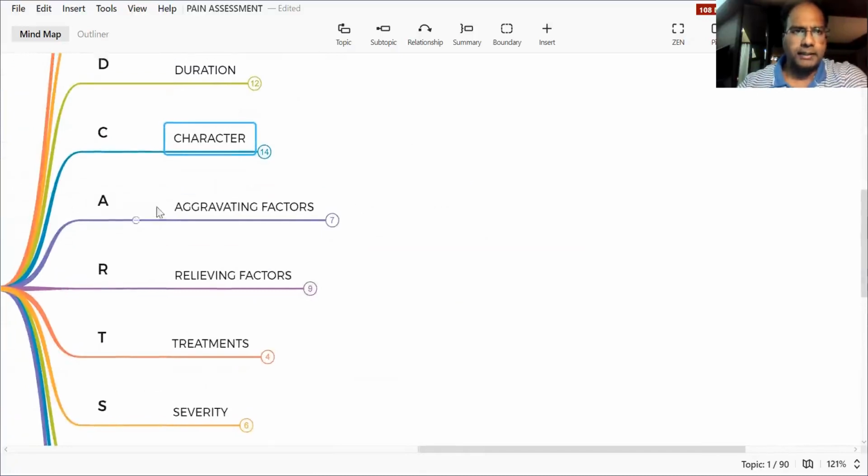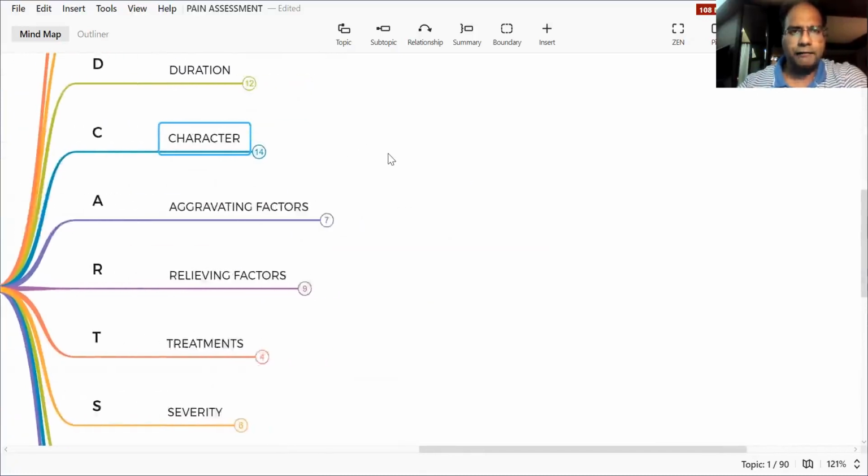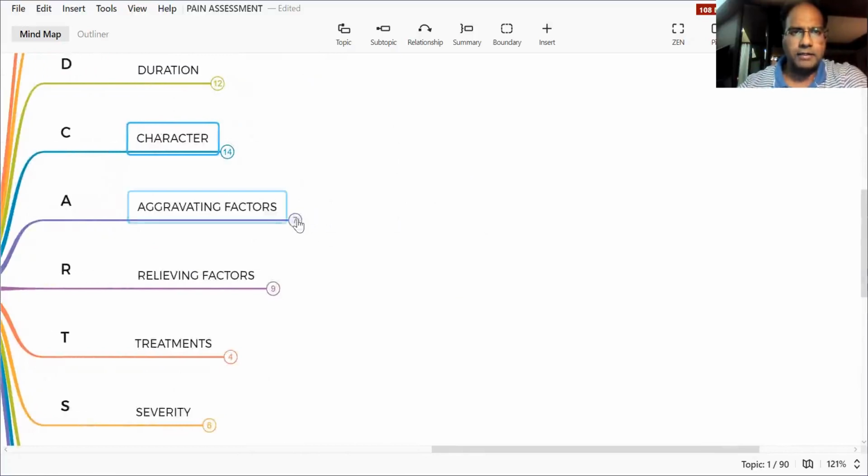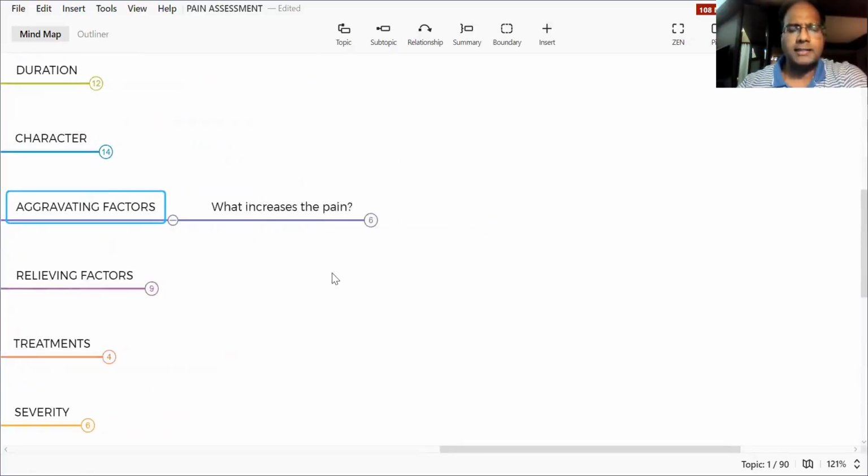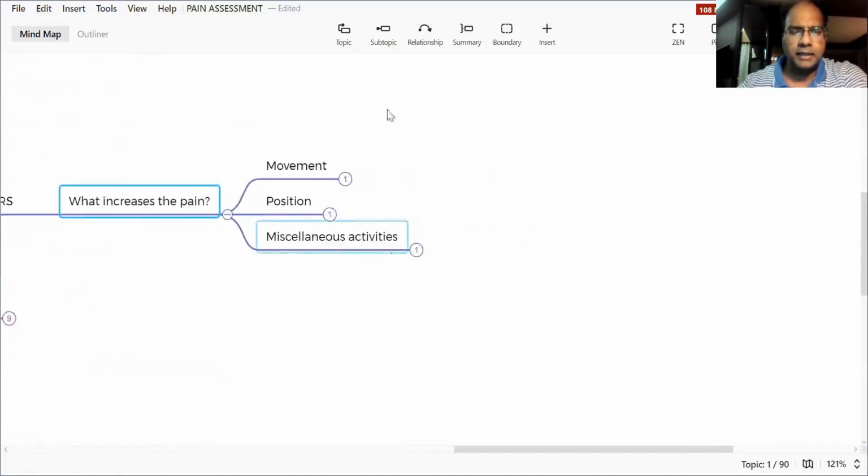That is what we can understand from the patient about the character of pain. The A stands for aggravating factors. We can ask in simpler terms, what activities or things increase the pain. It can be a movement like walking.